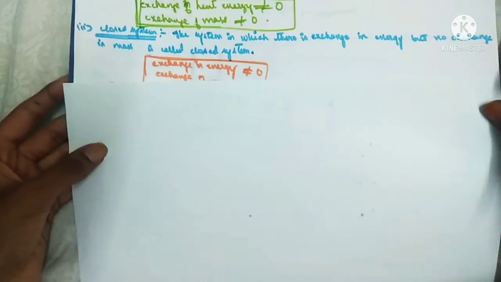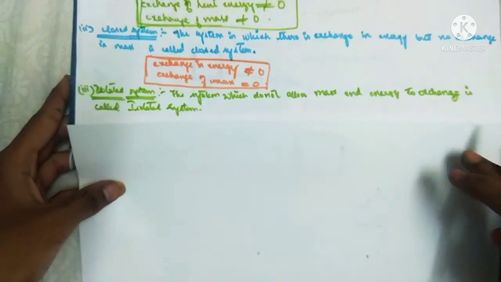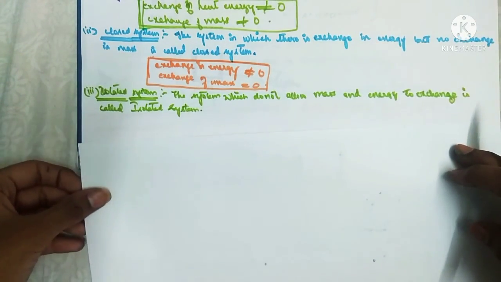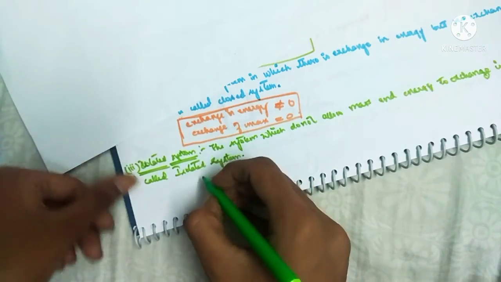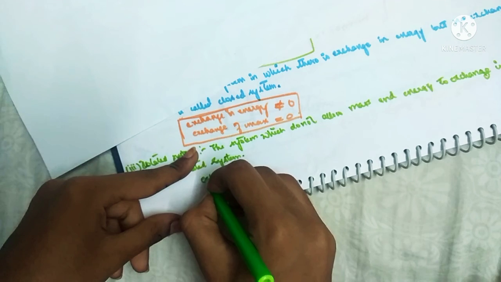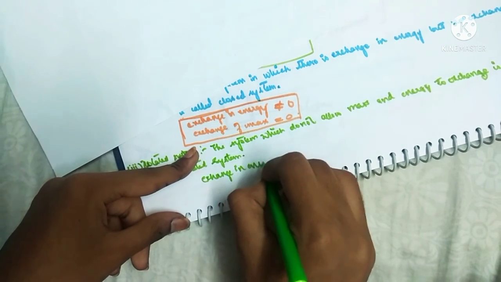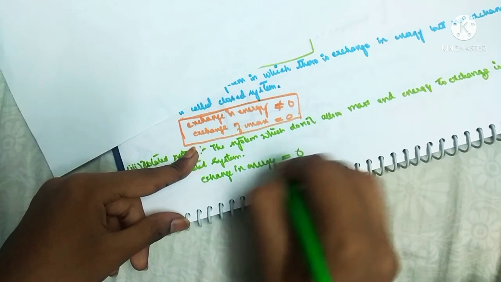The next type of system is isolated system. The system which does not allow mass and energy to exchange is called isolated system. So as there is no exchange in mass and energy, exchange in energy is equal to 0.